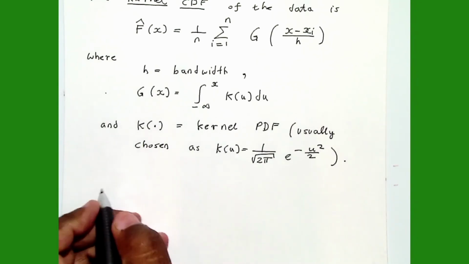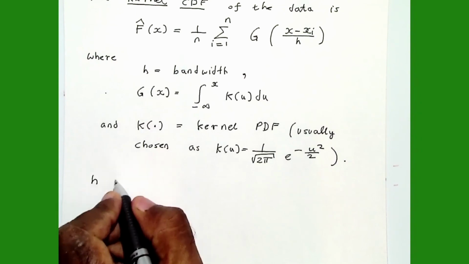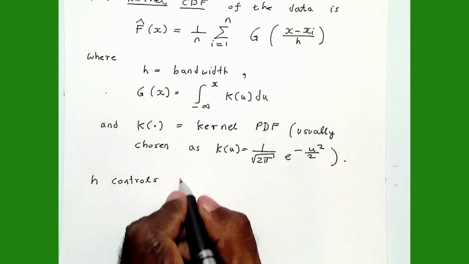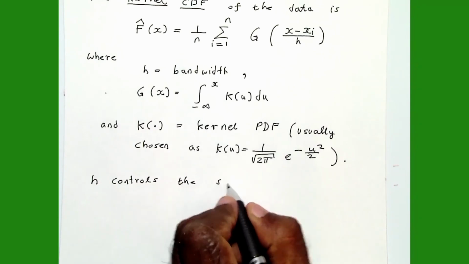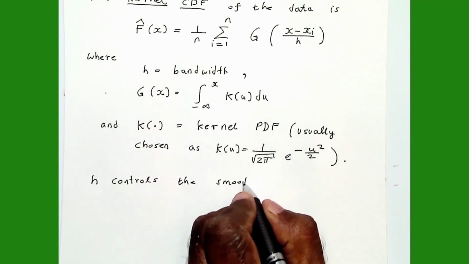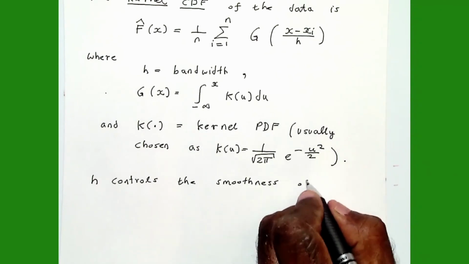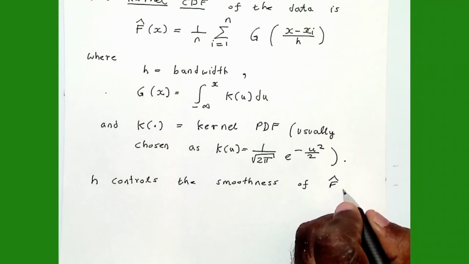So let me write something about h. h controls the smoothness of the kernel estimator, the kernel CDF.